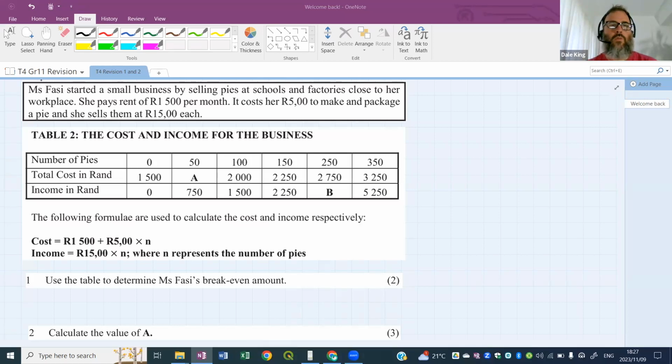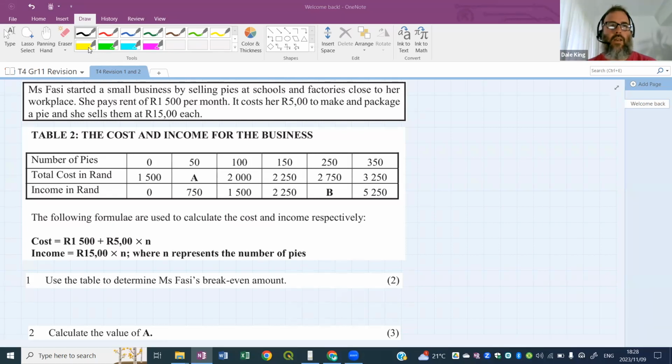Here we go with the first one. Miss Farsi started a small business by selling pies at schools and factories close to her workplace. She pays a rent of 1,500 per month, and it costs her 5 Rand to make and package a pie. She sells the pie at 15 Rand each. There's all the information we need in that text.